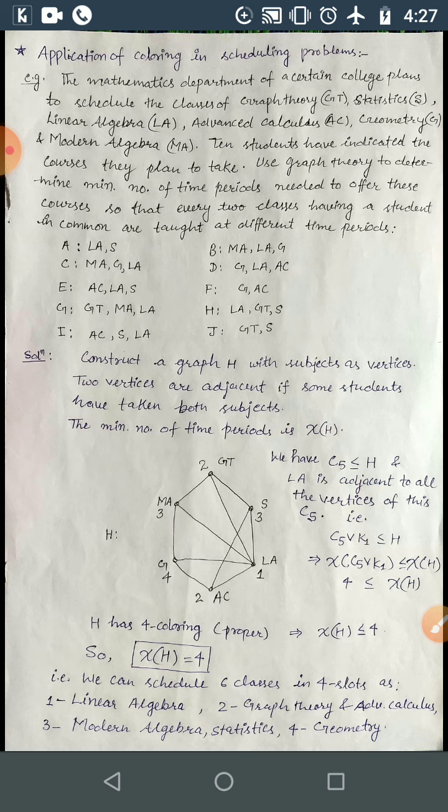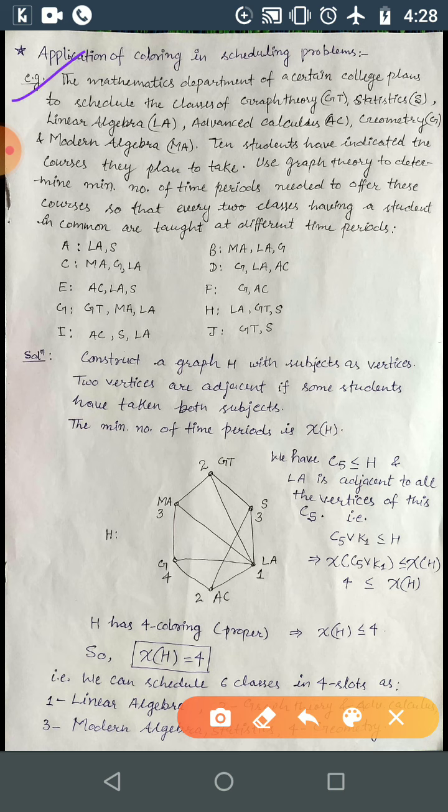The number of slots needed is the chromatic number of the graph in which two courses are adjacent if they have a common student. That is, in exam scheduling, or lecture scheduling problems, we can use this coloring.